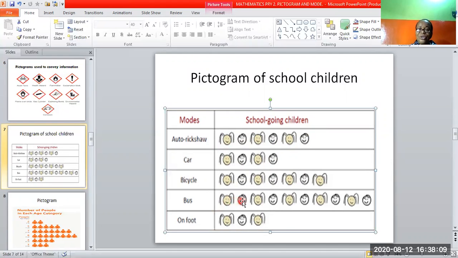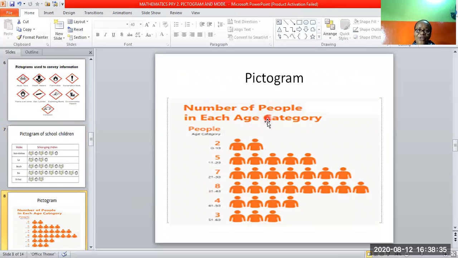And 10 children take the bus to school every day. And on foot, only 3 people go to school. Are we together? Beautiful. Let's take another look at the pictograph of the number of people in each age category.